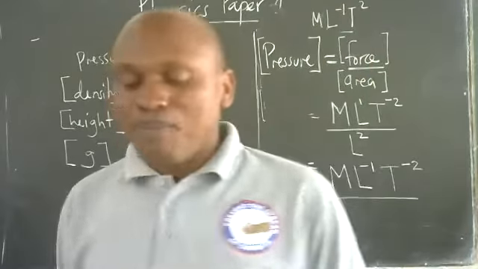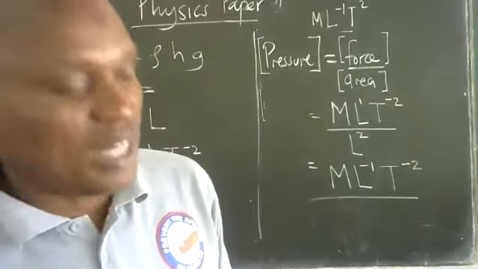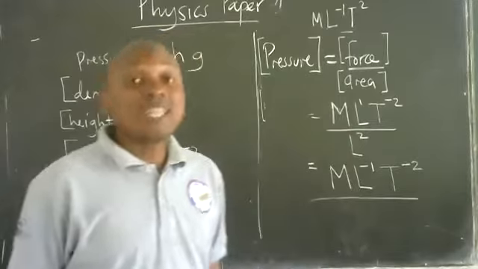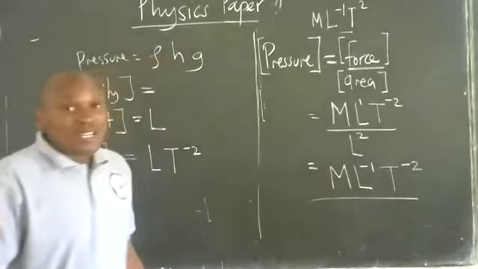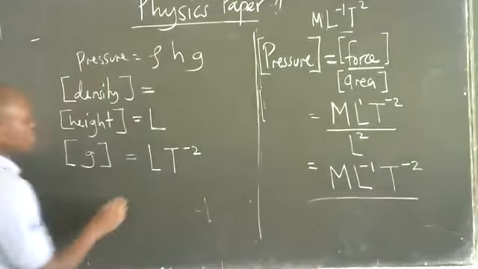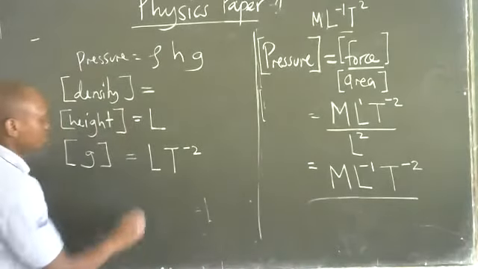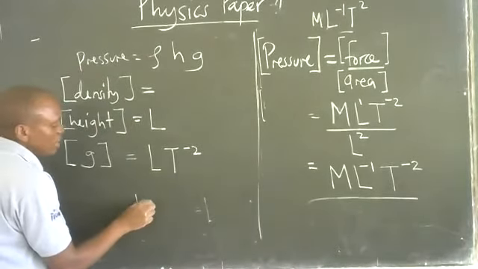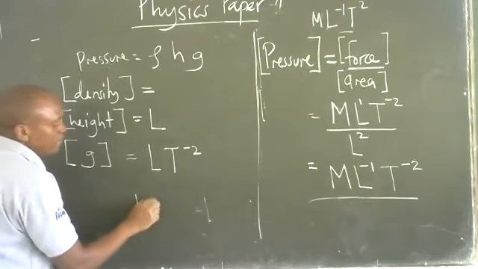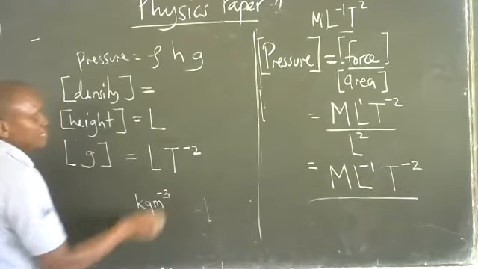By the way, one simpler way of knowing those things, if you don't want to over-derive, you can start from the units. For example, density. What are the SI units of density? Kilograms per meter cubed. You remember this, eh?